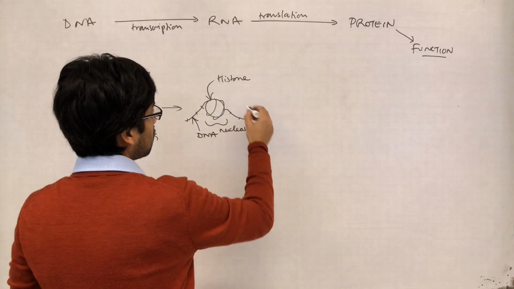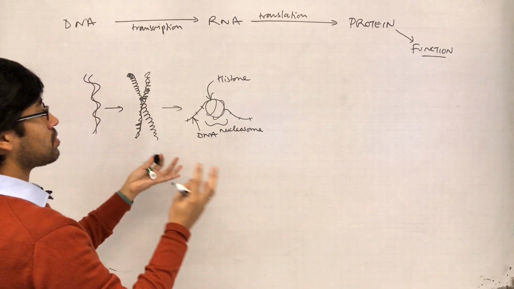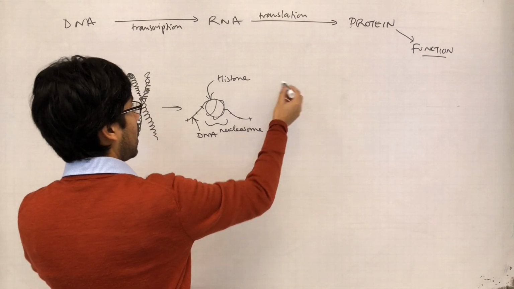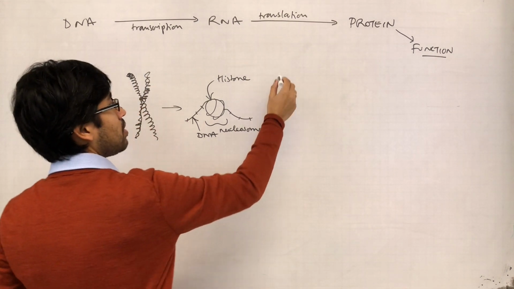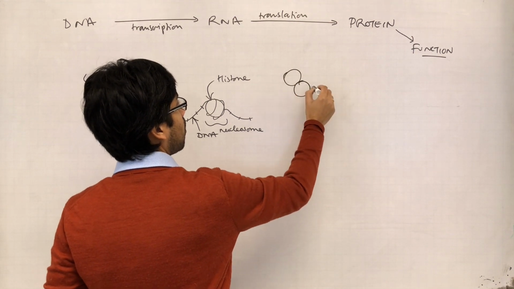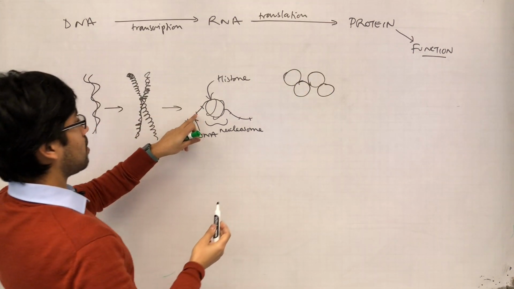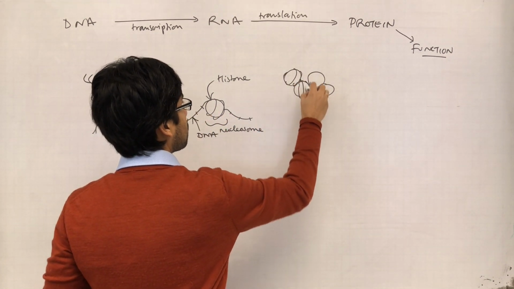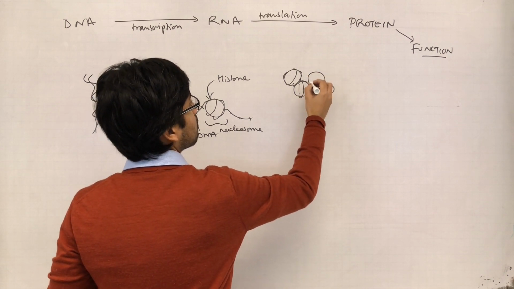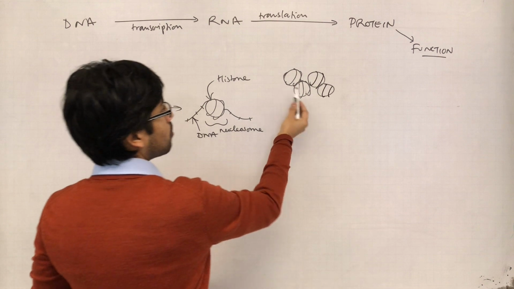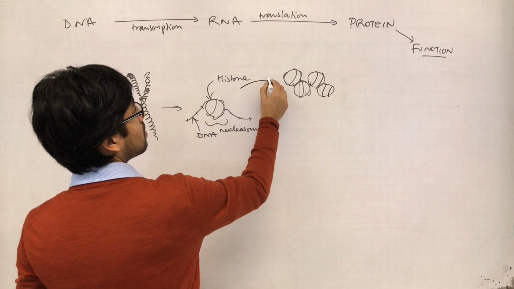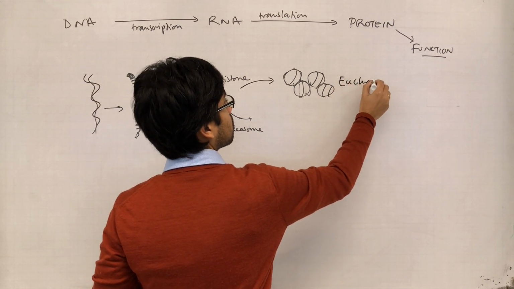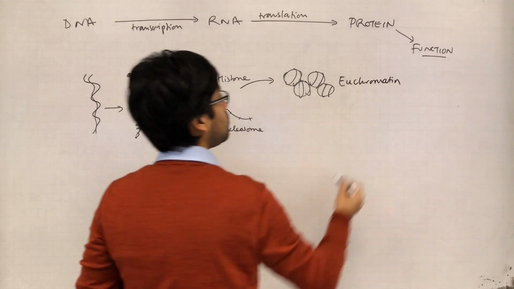Now, when the cell is dividing, the DNA becomes very condensed, like this. It's wrapped up very tightly, so that there's hardly any loose DNA. So when DNA is very condensed, it is like this, and in this form it is called euchromatin.